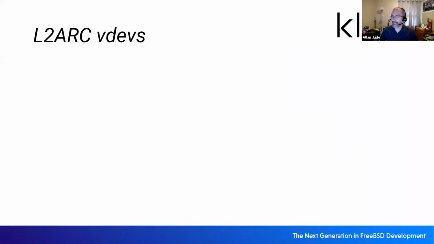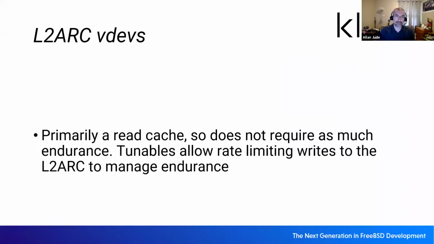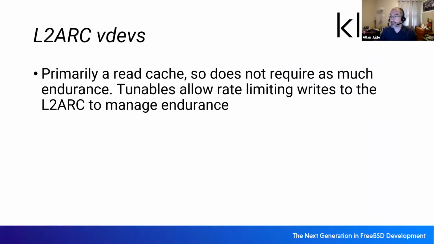Then lastly, we have the L2ARC vdev. So the L2ARC is primarily a read cache. It's basically taking whatever data might have been written to the ARC, the ZFS adaptive replacement cache, which is kept in memory. In the background, ZFS is looking at this ordered list of what objects are in its cache, and it's using the objects that will soon be eliminated from the cache to make room for new things.